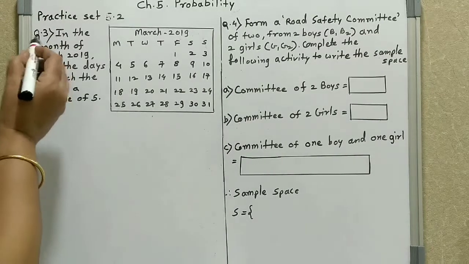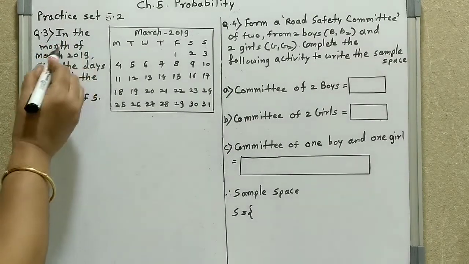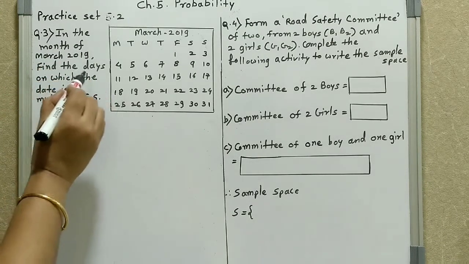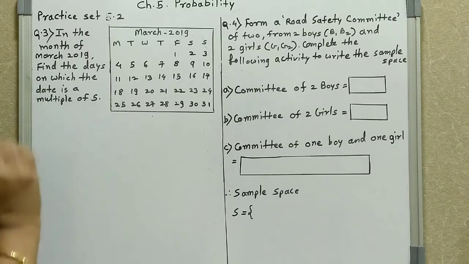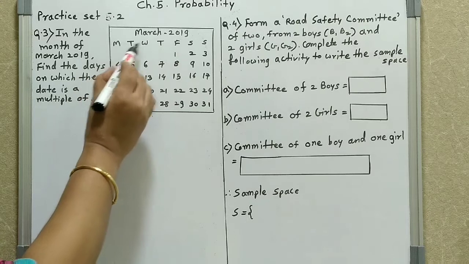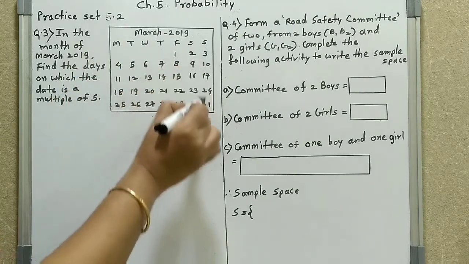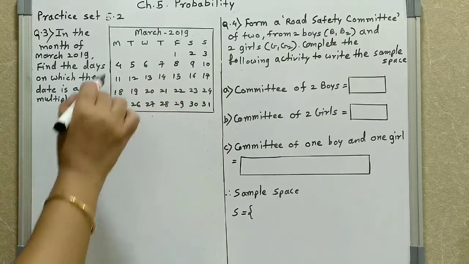We see the next question, number 3. In the month of March 2019, find the days on which the date is a multiple of 5. See, this is the month of March table. Here Monday, Tuesday, Wednesday, Thursday, Friday, Saturday and Sunday. And here 1 to 31 are the dates.